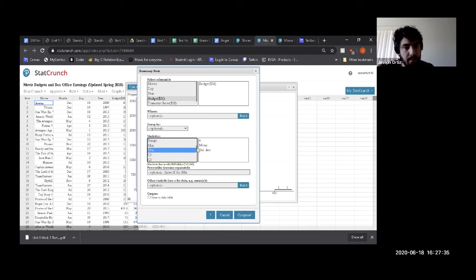Sorry, I have to do that again. I'm looking for the median. There you go. So we have that information. That's the stuff we're working on right now.